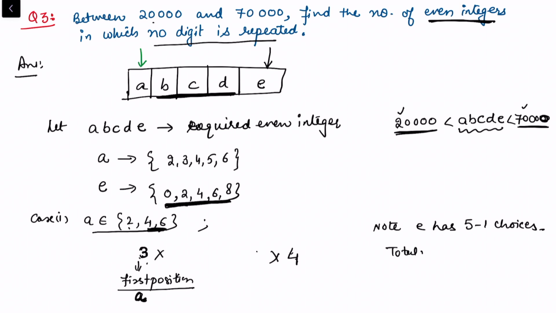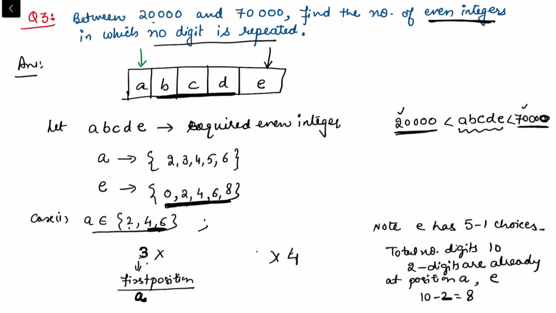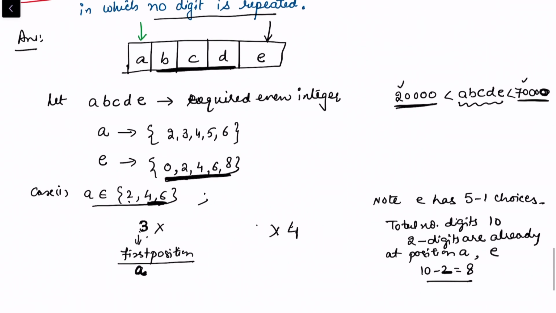The total number of digits available is 10, and 2 digits are already placed at positions A and E. So out of 10 minus 2, we now have 8 digits that we can place at 3 positions, so it is 8P3. In total we get 3 times 4 times 8P3, which is 4032. So this is the answer when we have selected A as an even number 2, 4, 6.